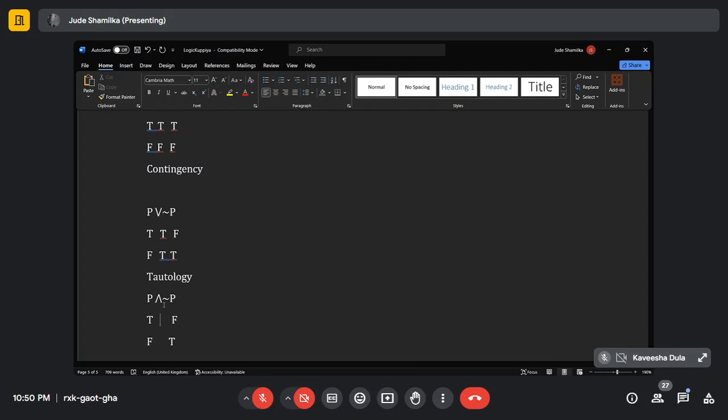And here there's no T and T to get the output T, so everything is false and false.